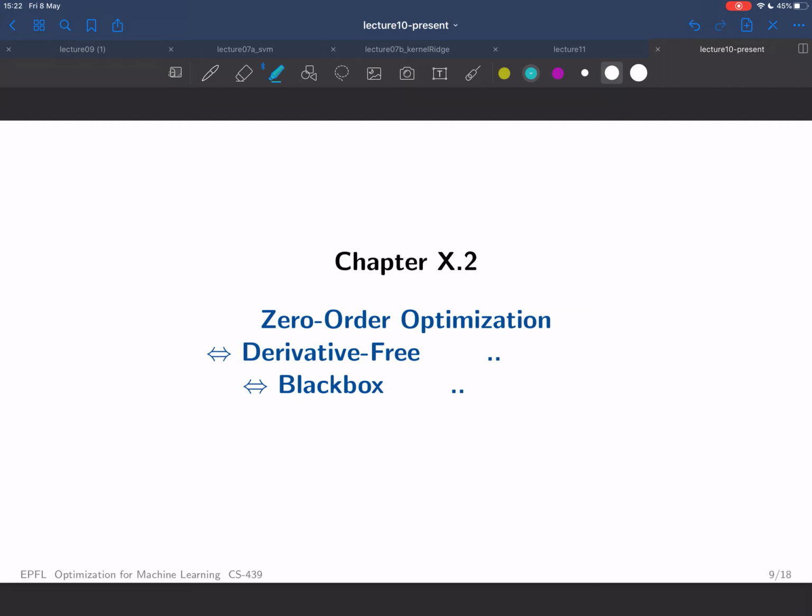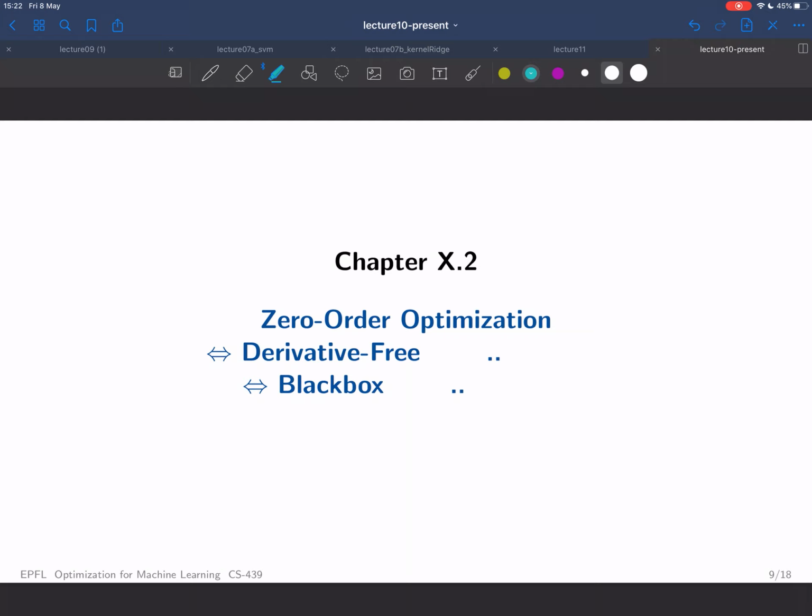This is called gradient-free, derivative-free, or in some cases black box optimization, and it's actually even more general, right? Because you can apply it to any function f you want. And what I'm going to show you is that it's also quite a natural thing, and quite related to some of the stuff we have seen on gradient descent.